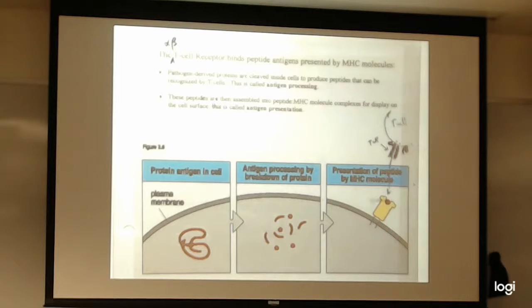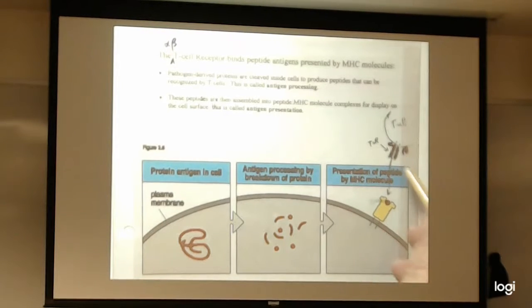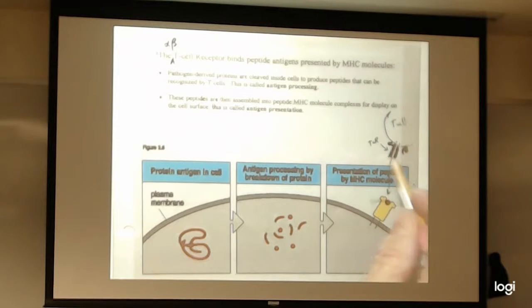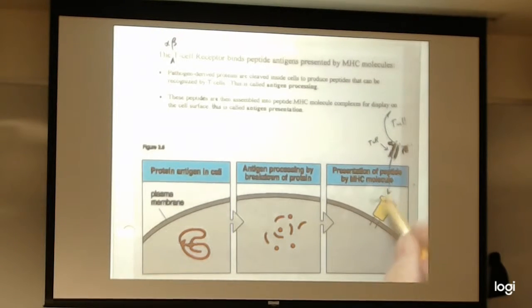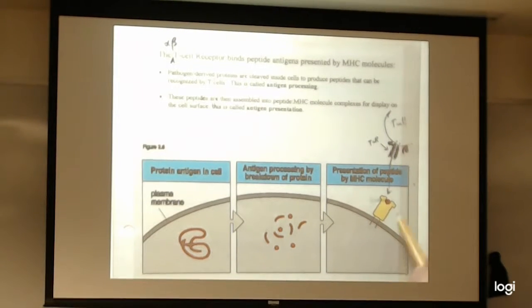It can only bind to peptides derived from a foreign protein that are being presented on an MHC molecule. So here's an MHC molecule. Here's an alpha beta T cell receptor. Okay, and the tips of this receptor have these hypervariable loops, where both alpha and beta chains contribute to the tight binding of the T cell receptor to the foreign peptide MHC complex.